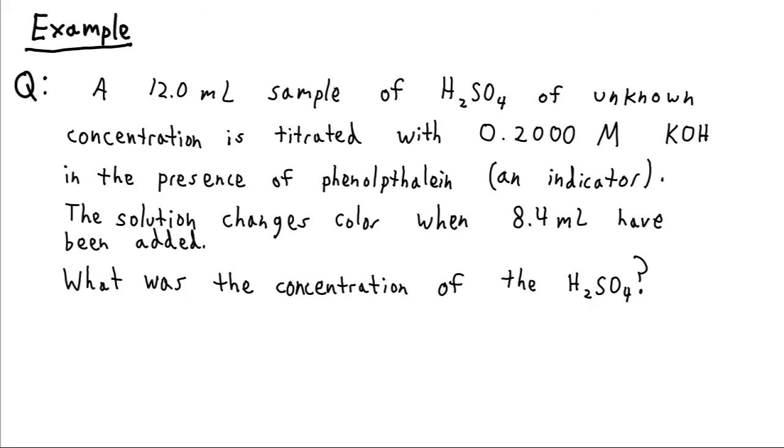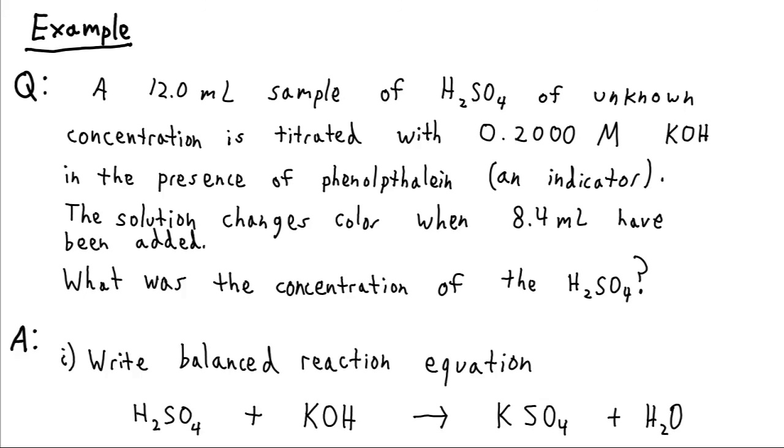Phenolphthalein is an indicator which changes to pink as it goes from an acidic solution to a basic solution. And so that will tell us that we've consumed all of our sulfuric acid. And this happens when we've added 8.4 milliliters of our potassium hydroxide. So what was the concentration of our original sulfuric acid sample?